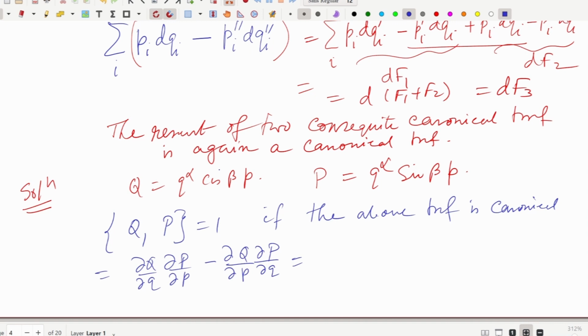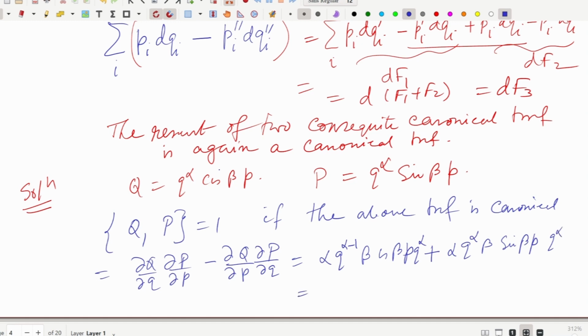If we calculate, you will find del Q by del q is alpha q to the power alpha minus 1 times cos(beta p), and del P by del p will be beta q^alpha cos(beta p), and the second term, del Q by del p, will be minus q^alpha beta sin(beta p), and then del P by del q will be alpha times q to the power alpha minus 1 sin(beta p).